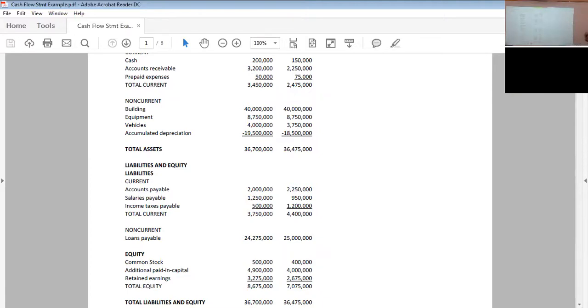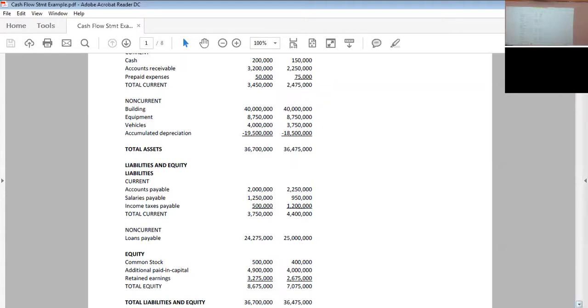When we total the three sections of the statement, what does the change in cash have to be? $50,000. Beginning cash is 150. In order to get to an ending cash of 200, the change in cash has to be 50,000. So I always start the statement from the bottom. I know where I have to wind up.